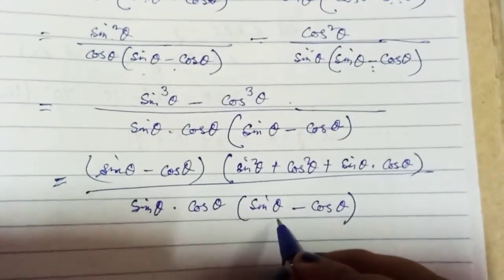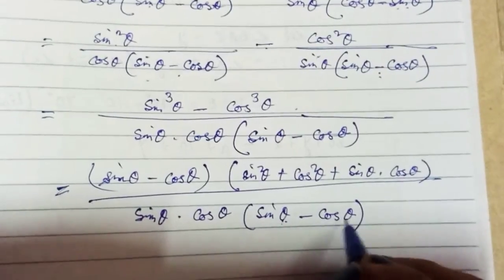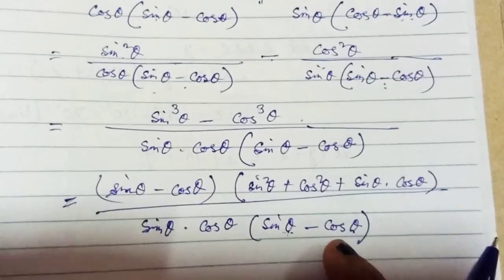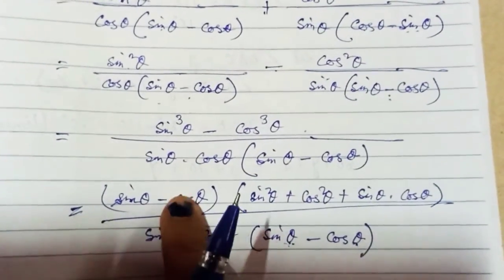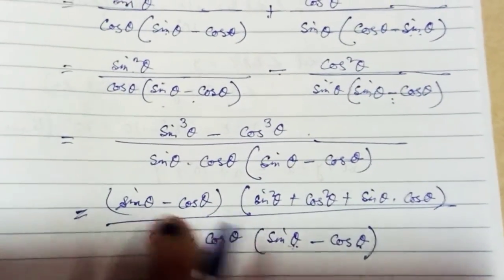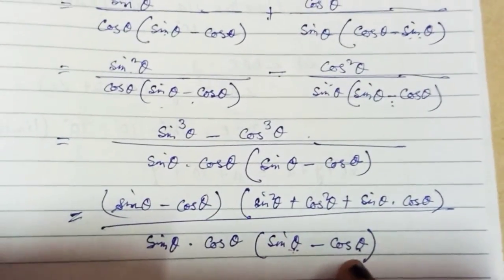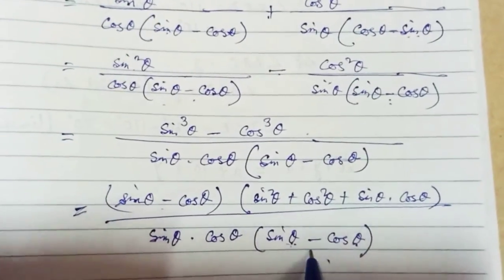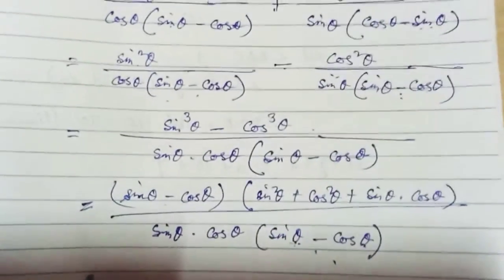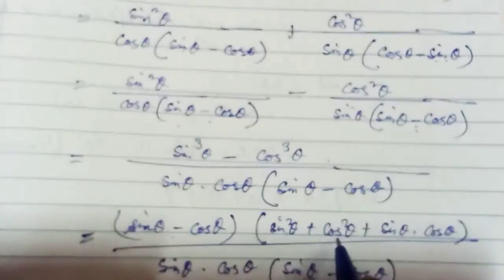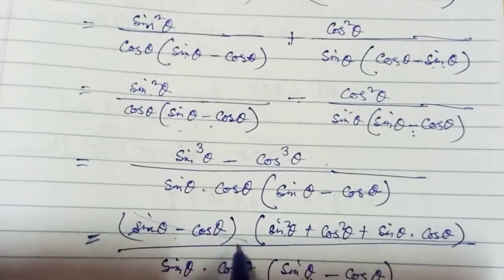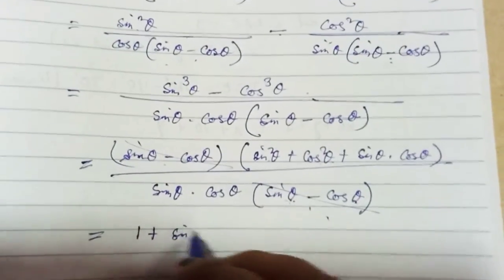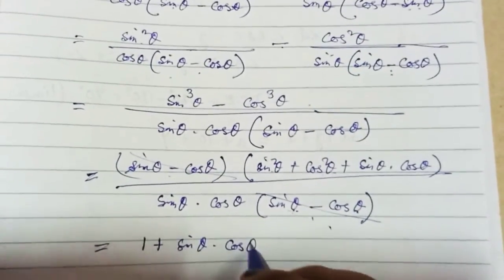So if theta is not 45 degree, otherwise sin 45 and cos 45 are the same, and if we subtract then it will become 0 by 0. So if theta is not equal to 45 degree, then we will cancel them out, okay, and in that case we will get sin square theta plus cos square theta, that is 1, and these two will cancel out, and we will get 1 plus sin theta into cos theta.